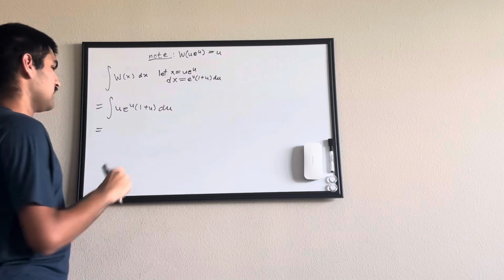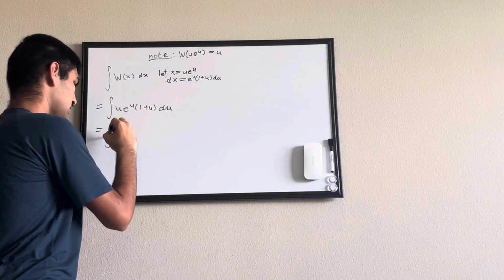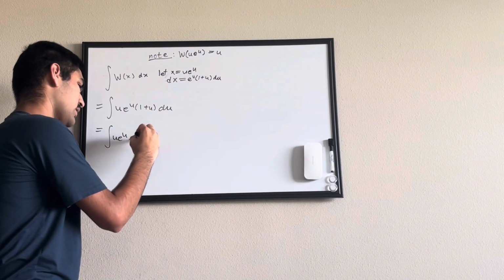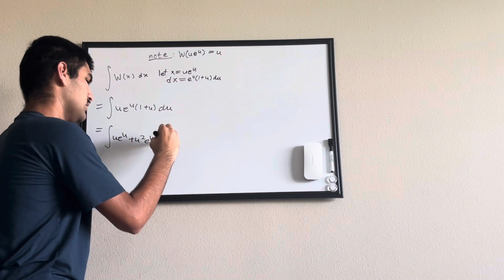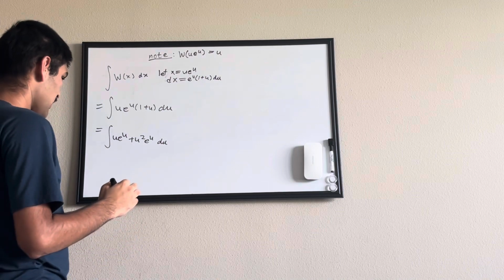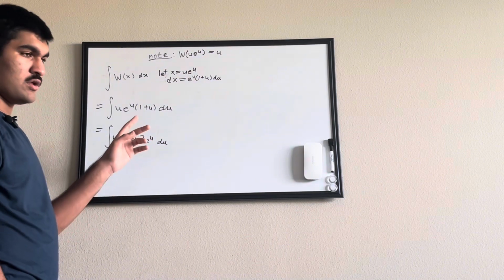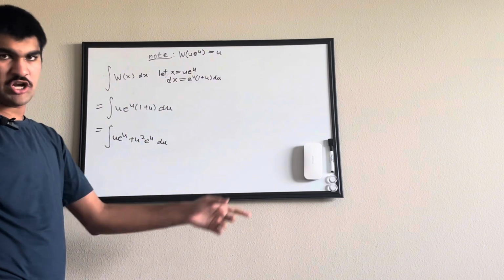Then if we distribute, we get u e to the u plus u squared e to the u du. From here, we can split this integral into two integrals and do each using integration by parts.